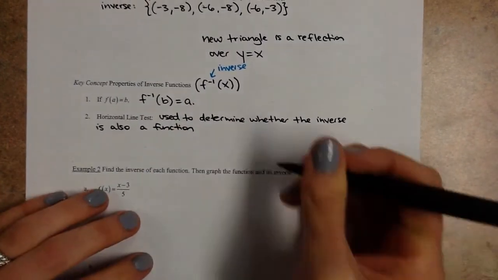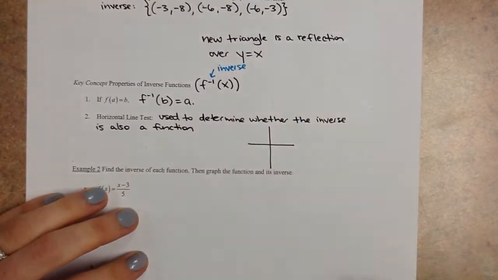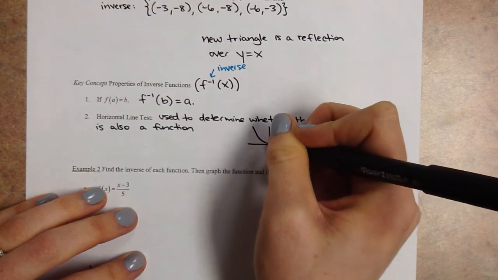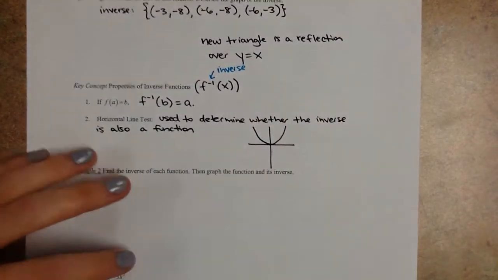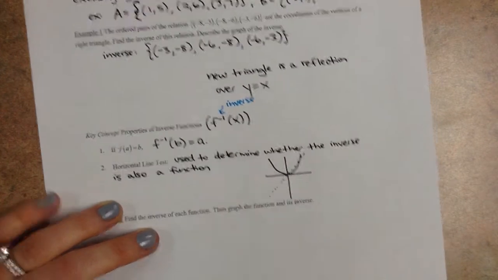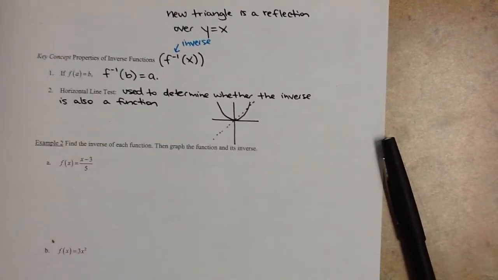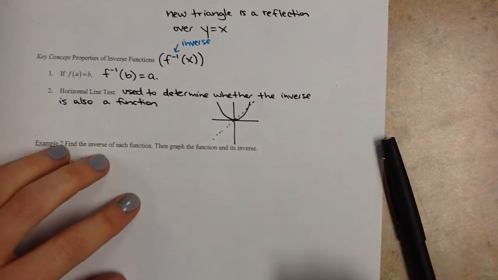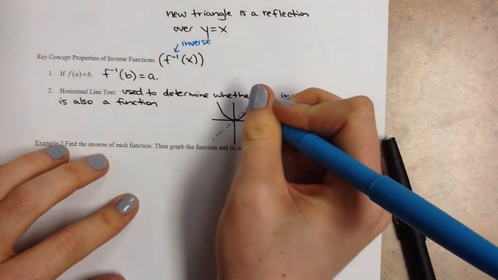Okay, so let me give you an example. We're going to do a very brief sketch here. Let's say we're looking at a parabola like this, and we talked about this diagonal line. So all inverses are reflections around that diagonal line. So a reflection around that diagonal line would look something like this.